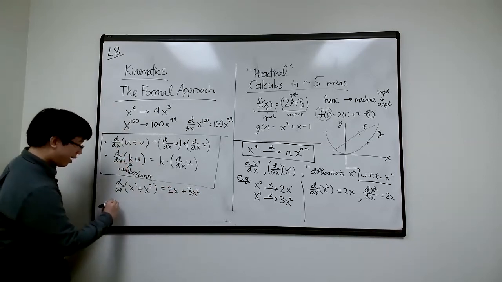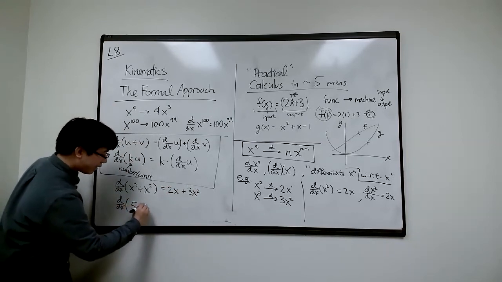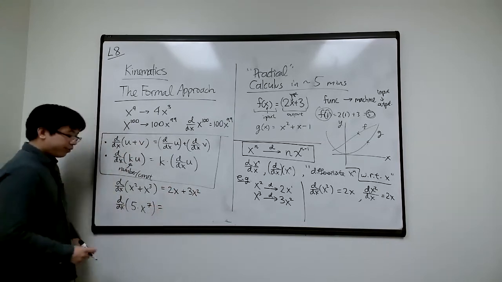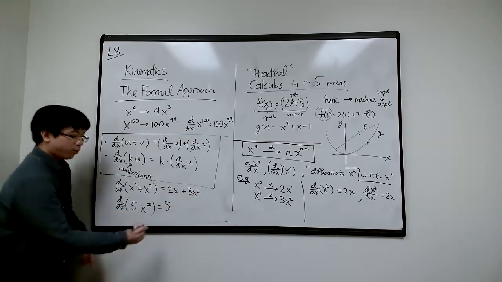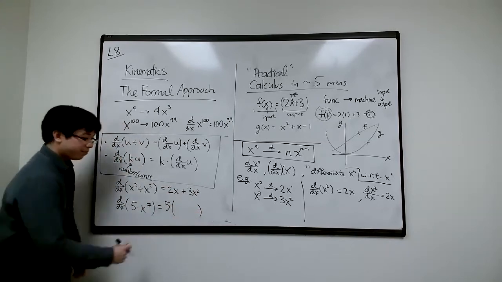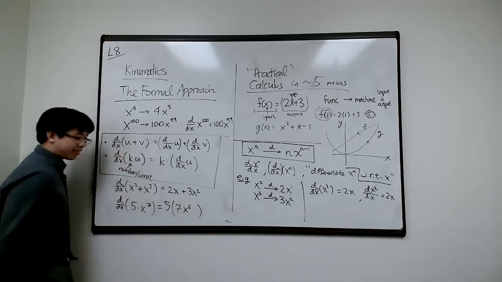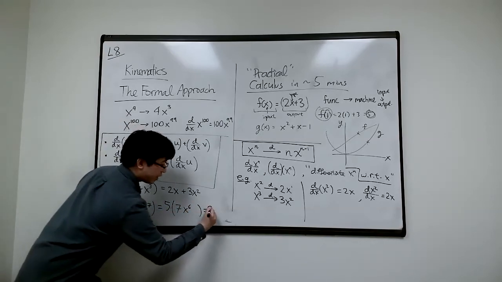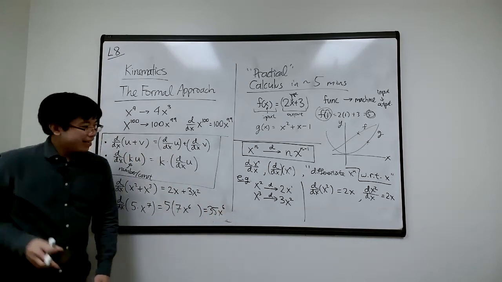If it has a constant in front, so if I want to differentiate 5 times x^7, all you have to do is first pull the 5 out and then differentiate x^7. Well, its derivative is 7x to the power of 6, right? And then you can just multiply it out. So that's 35x^6. Okay. All right.